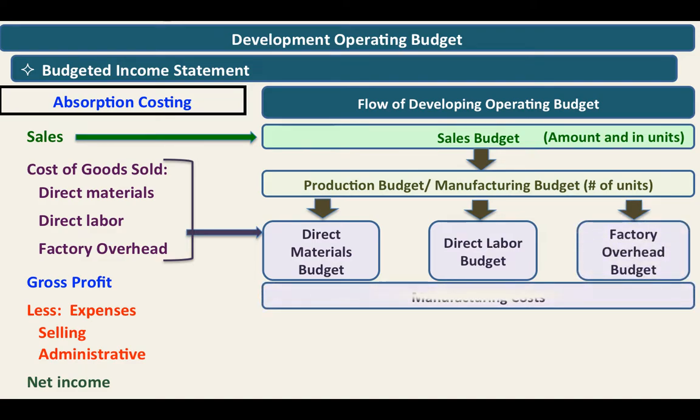So these budgets are actually for your manufacturing cost. And these manufacturing costs are your product cost. If we were able to sell everything that we have manufactured, then this is our cost of goods sold.